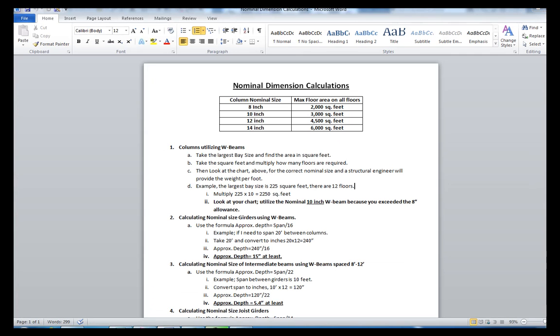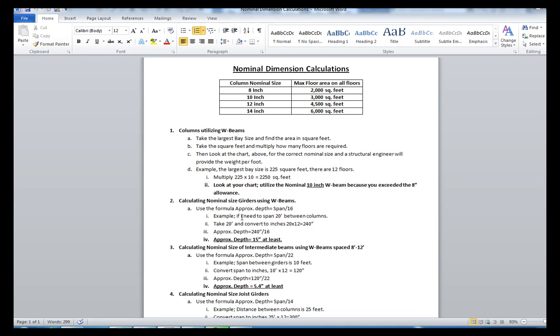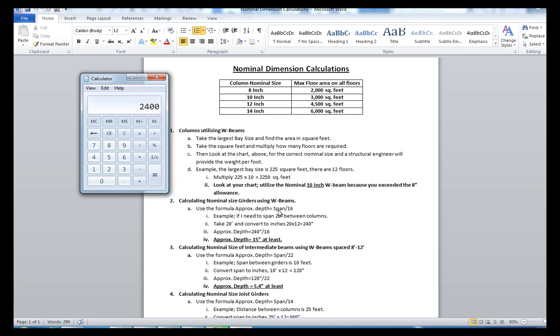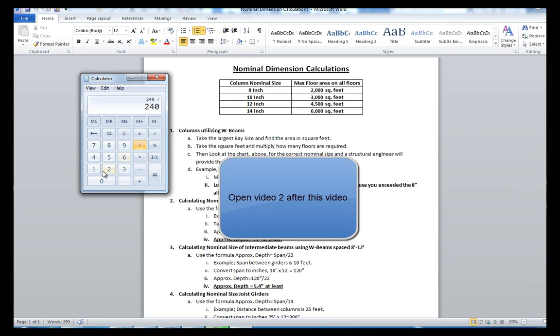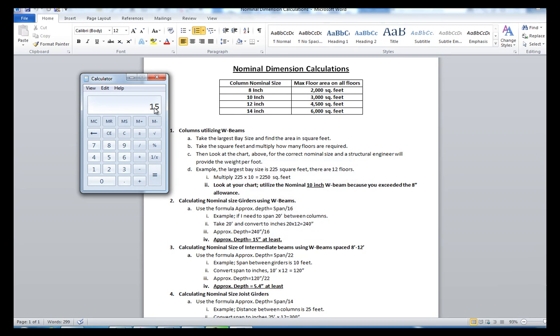Well, if you remember what the formula is, you just got to get your calculator, and the span was 20 foot. So our approximate depth equals span, which is 20 foot, divided by 16. But first, take that 20 foot and convert it to inches. So you just multiply it by 12, 240, and then you actually divide it by 16. And it will come up with, you need a nominal size of at least 15 inches.